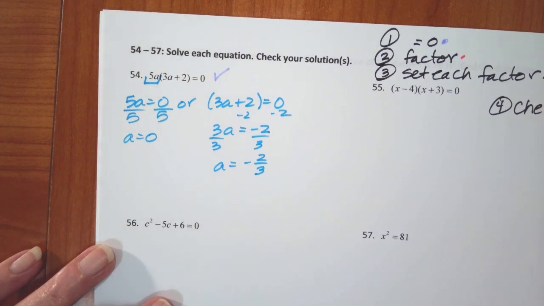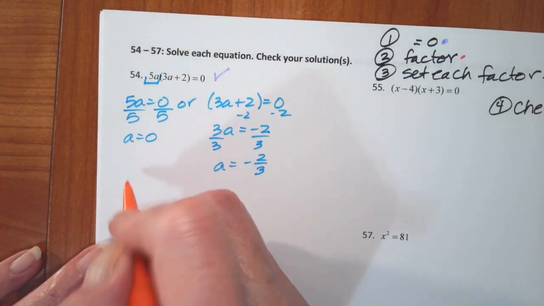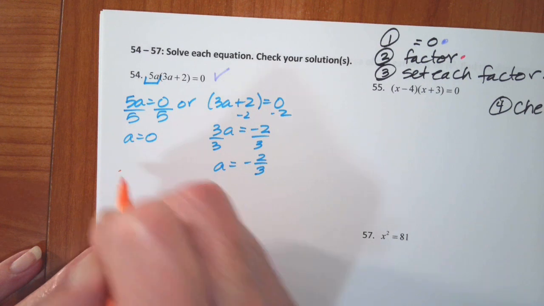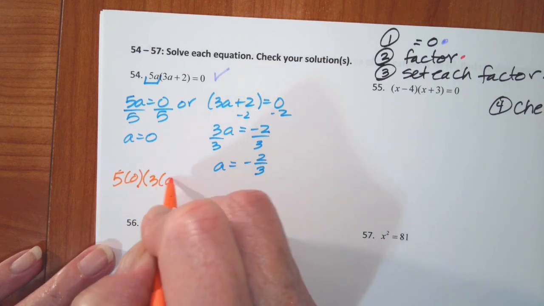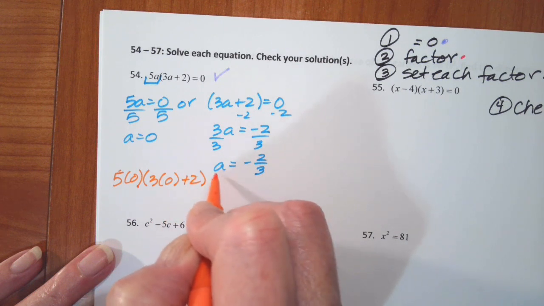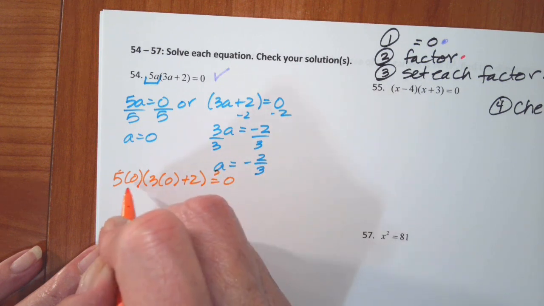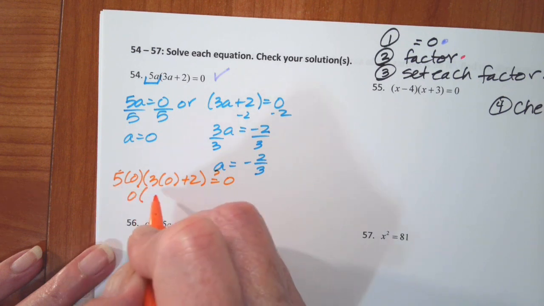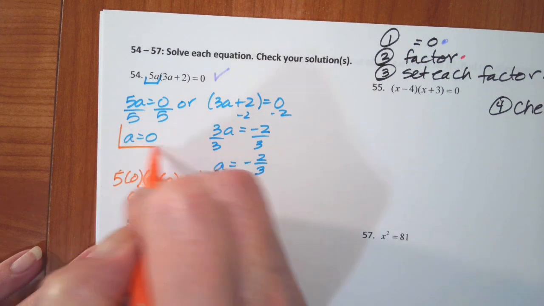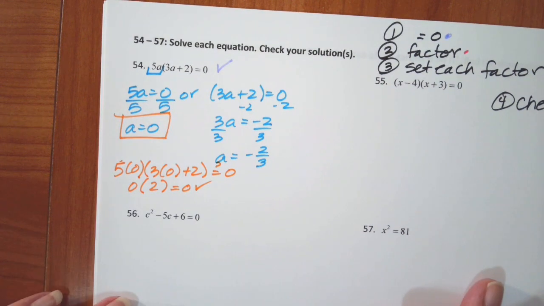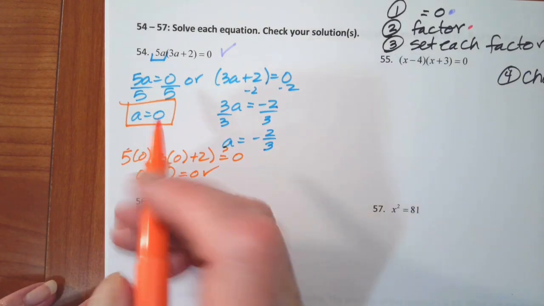Now I'm going to check. Okay, so if I check a equals 0, I want to know 5 times 0 times 3 times 0 plus 2. Does that equal 0? Well, you've got 0. 5 times 0 is 0 times 2 equals 0. So that works. Now this one may be a pistol.